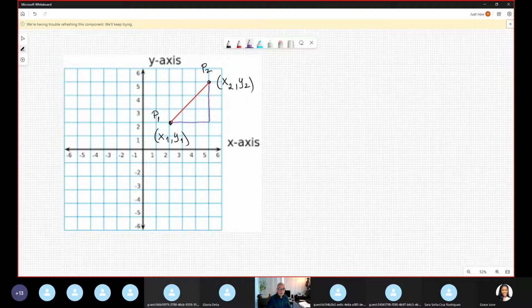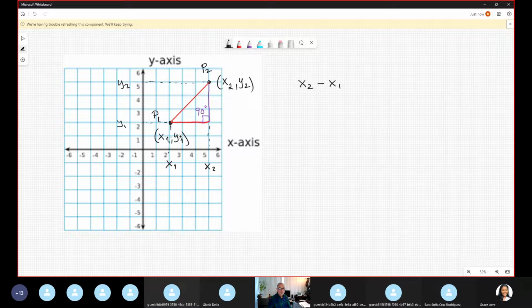By the way, this triangle is a right triangle, 90 degrees, and we can apply, why not, the Pythagorean theorem. To determine this segment, it is x2 minus x1, because this is x2, this is x1, horizontally speaking, and this is y1, and this is y2.